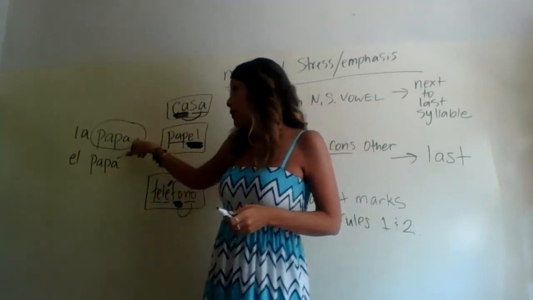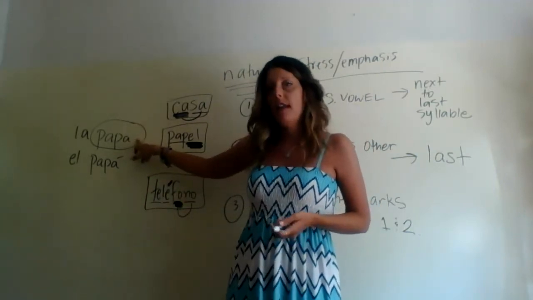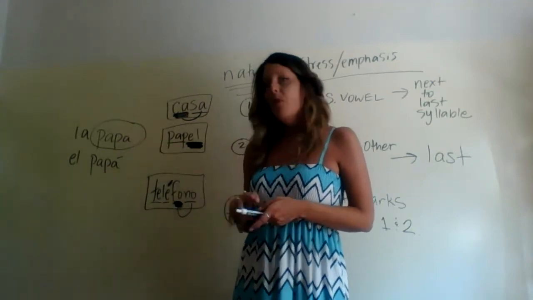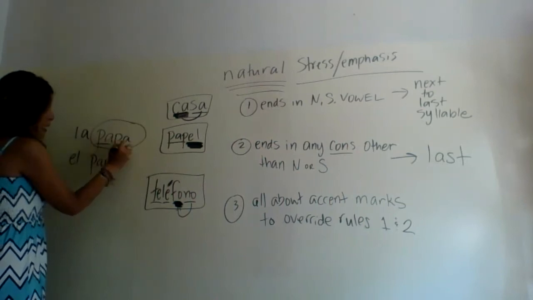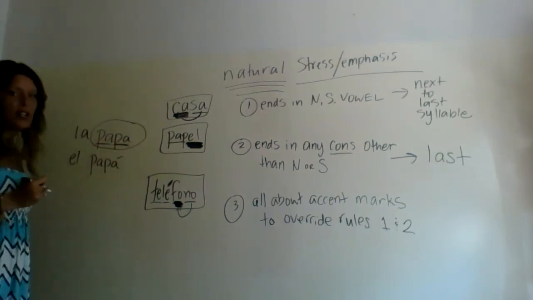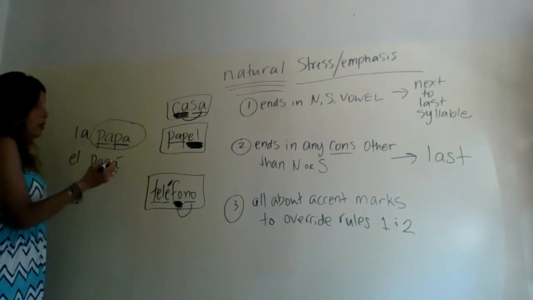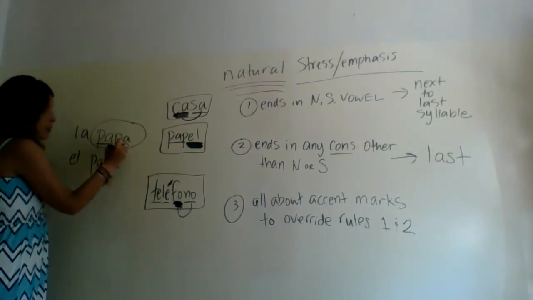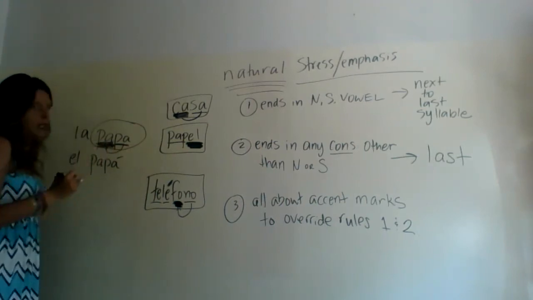This word doesn't have a written accent mark. It's not spelled that way in Spanish with any accent mark. If we broke it down into syllables, we would have pa, pa as our two syllables. Following rule number 1, this is the last syllable, but this is the next to last syllable.